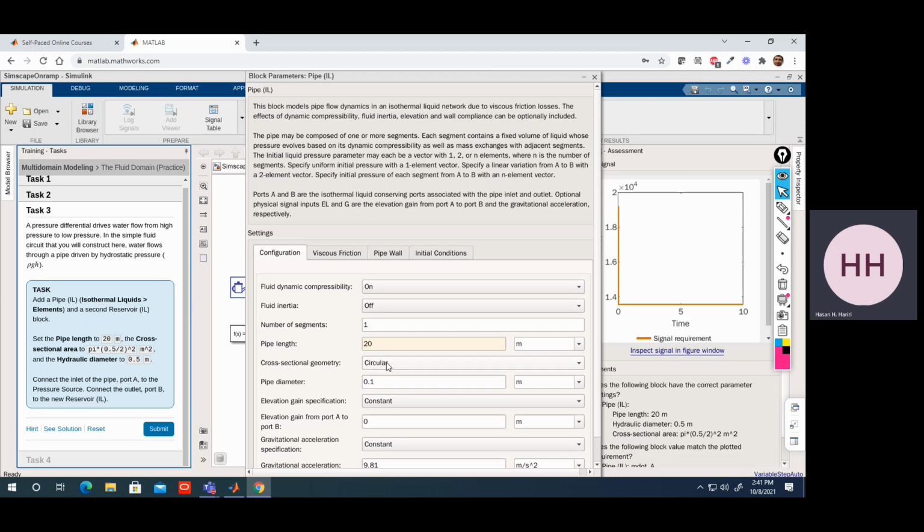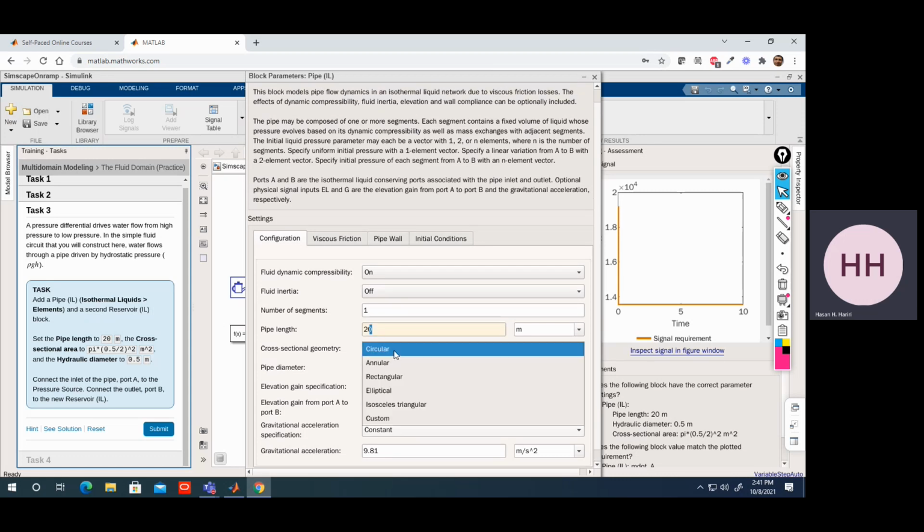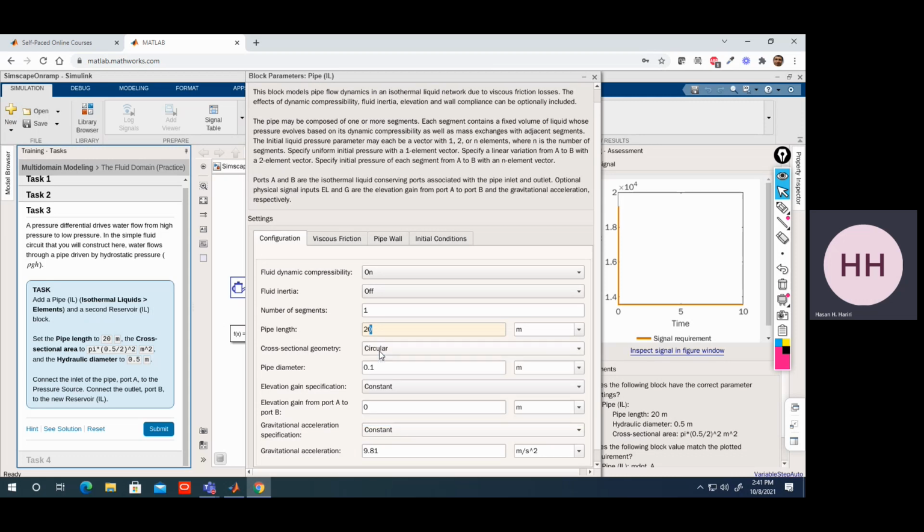the cross-sectional area, right? Let's see, where is the cross-sectional area? Not the pipe diameter, well here, okay, maybe pi times 0.5 over 2 squared.